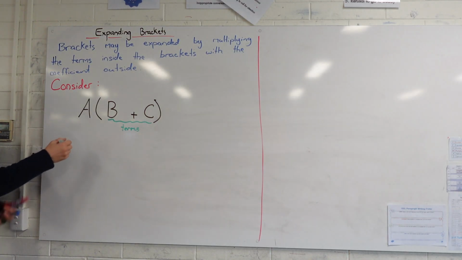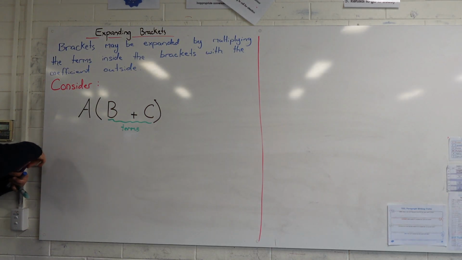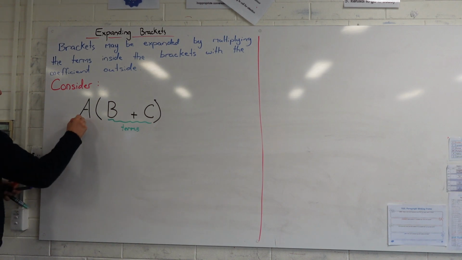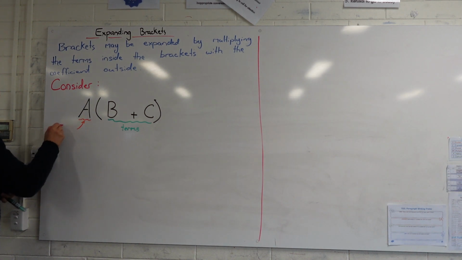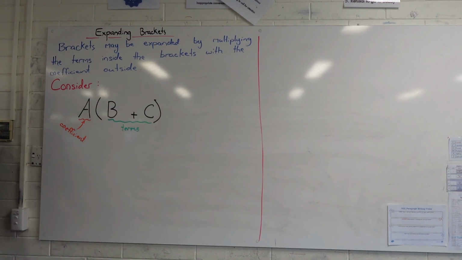And on the other side, we have the coefficient. The coefficient is any number or variable in front of a variable or in front of a bracket. So this guy over here is a coefficient.